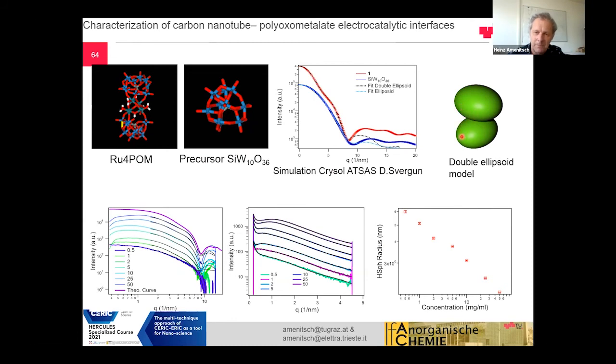And you can now fit these models onto the data, and you can learn not only about the shape of the POM in solution, you can also learn about the structure factor, which is this shoulder here. This is the structure factor. This part here would be the form factor at high Q.